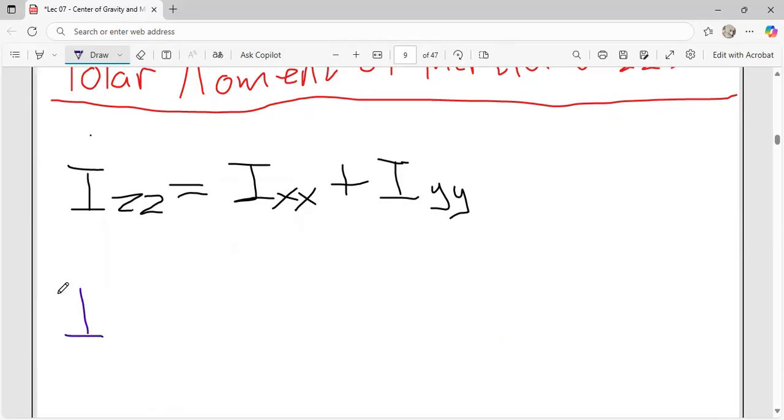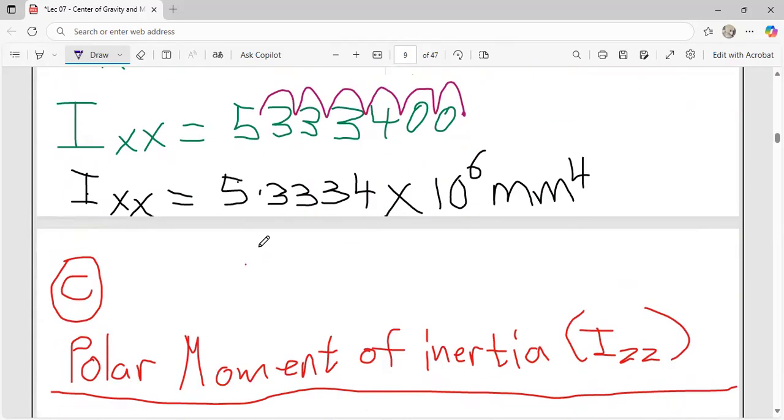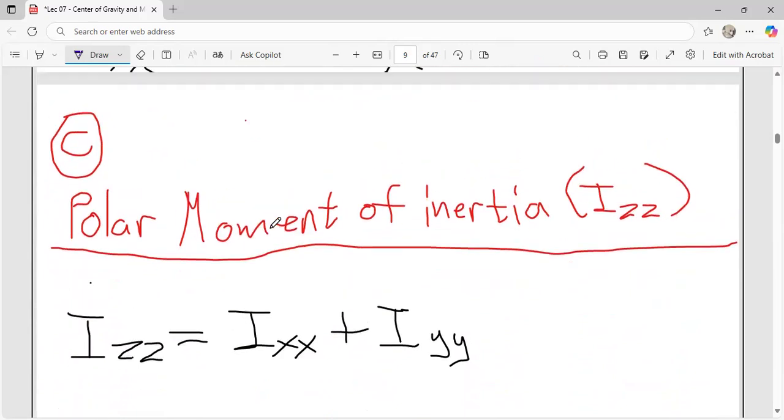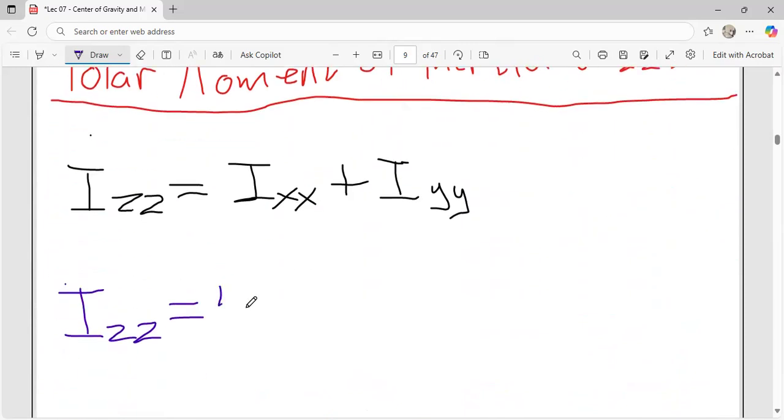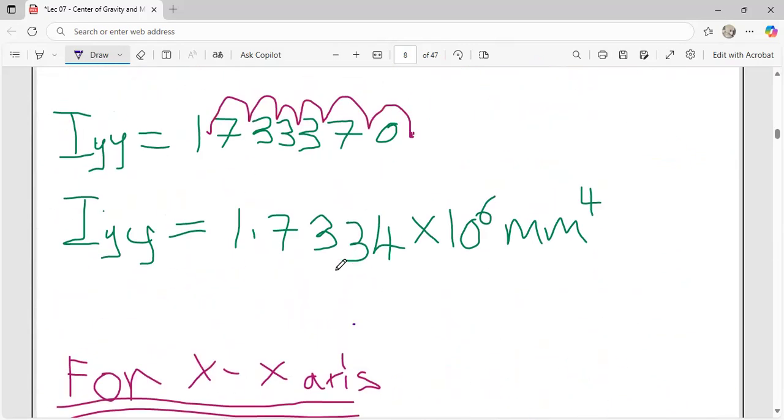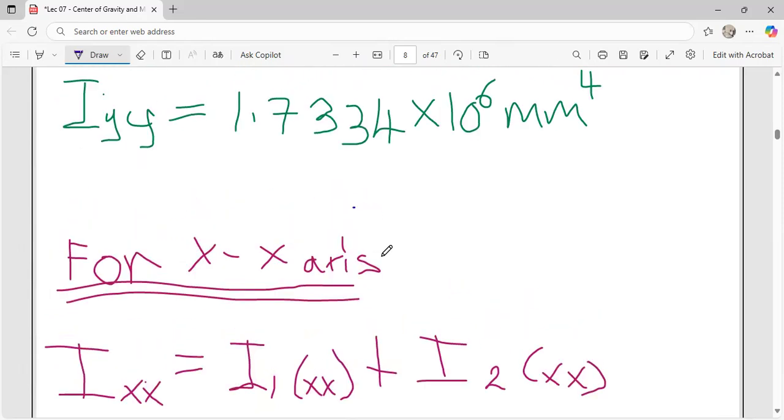So the answer we had for the moment of inertia at x was 5.3334 times 10 exponent 6. Plus the y. What was it? It was 1.7334 times 10 exponent 6.